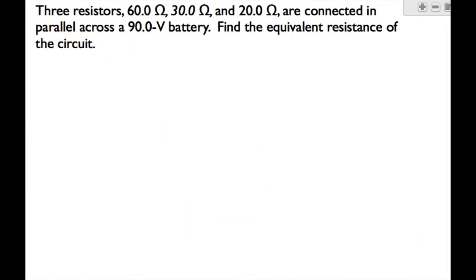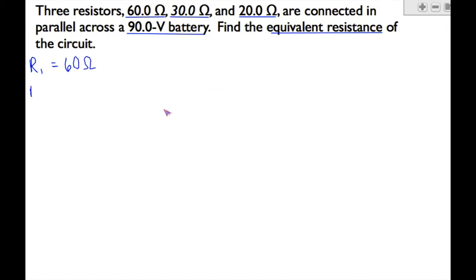Now we have this same problem. We have our 3 resistors, except now they're asking for the equivalent resistance. So if we want to write the things that we know, we know our first resistor is 60 ohms.